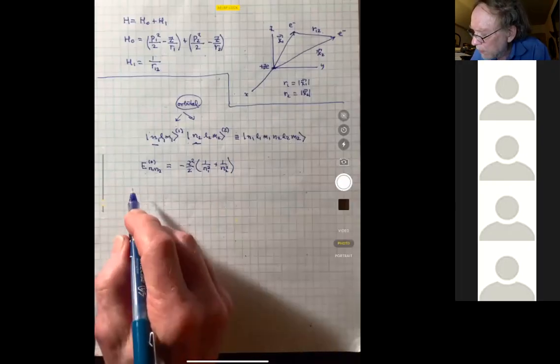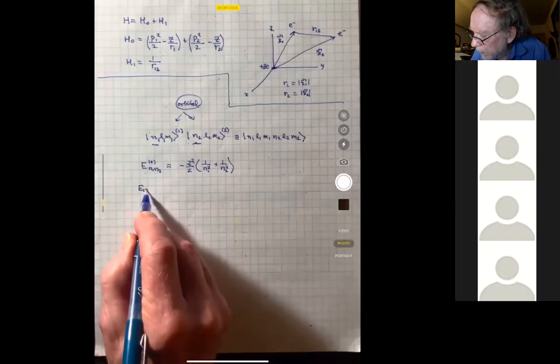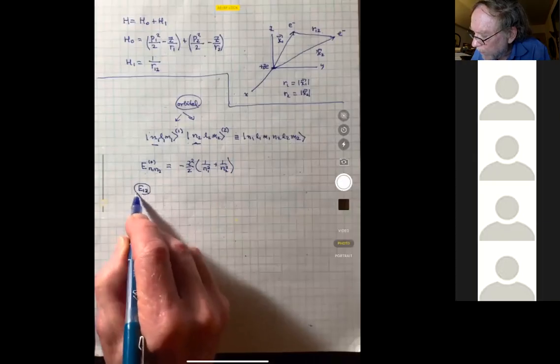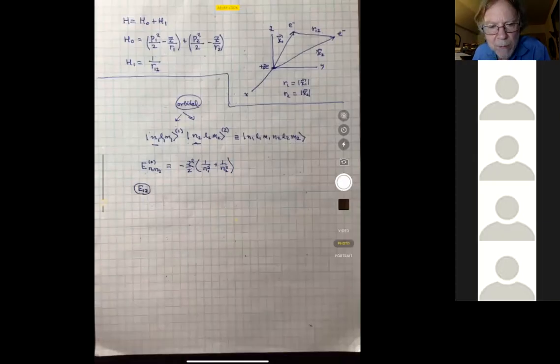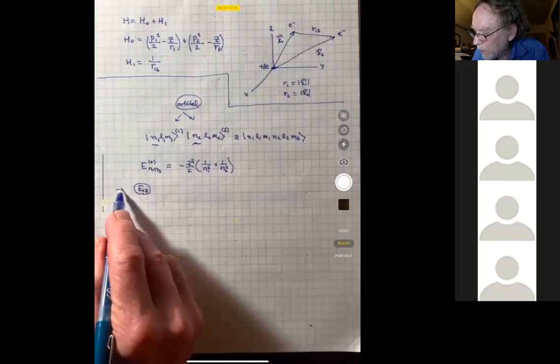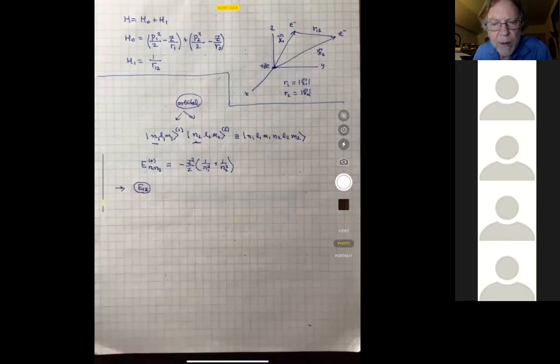Now we also want the unperturbed eigenstates to be eigenstates not only of the unperturbed Hamiltonian, but also of the symmetry operators, of which the exchange of particles 1 and 2 is an important one. And what that means is we want wave functions which are either symmetric or antisymmetric under the exchange of the coordinates. Let's see here.